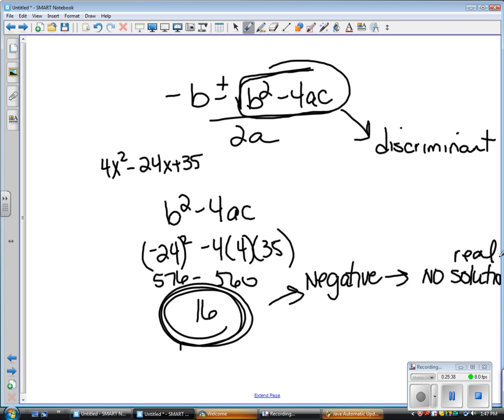It can be fractions, whole numbers, integers, because it can come out as a negative 4 times negative 4. But no real number if that's negative. If it becomes 0, when I subtract those two, I get 0, I have one solution. If it is positive, I have two solutions.